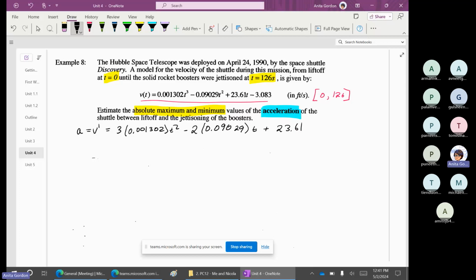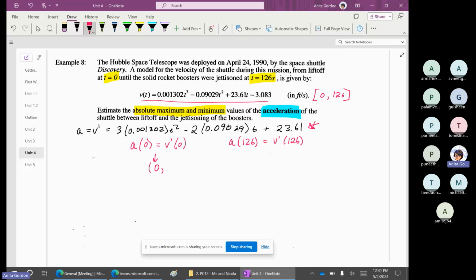So looking at the acceleration, we want to know what is the acceleration evaluated at our endpoints. A of 0 is the same as v prime of 0, and then A of 126 is the same as v prime of 126. So we're going to take the equation we just found, plug in 0, plug in 126, and we should get the following values.